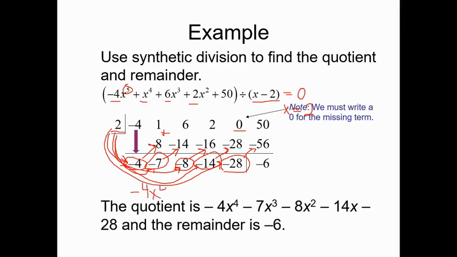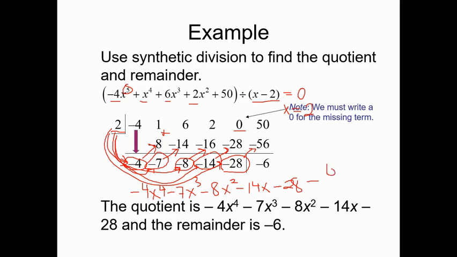And we do this in decreasing order as we take these down from these numbers. 14x minus 28, and then notice that we do have a remainder.